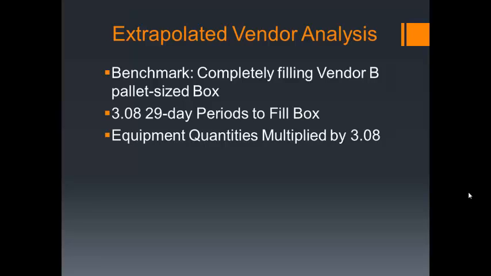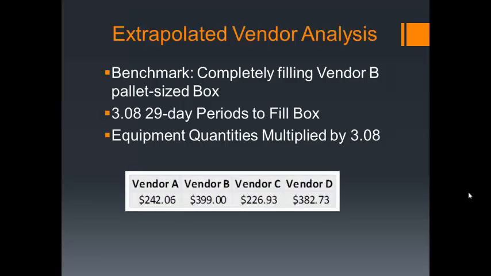So what I did to extrapolate the data was to take the equipment quantities and multiply them by 3.08 and then recalculate with vendors A, C, and D to see what the new costs would have been. And you can see from the screen the cost would have been for vendor A $242 and vendors C and D would have increased to $226 and $382 respectively.